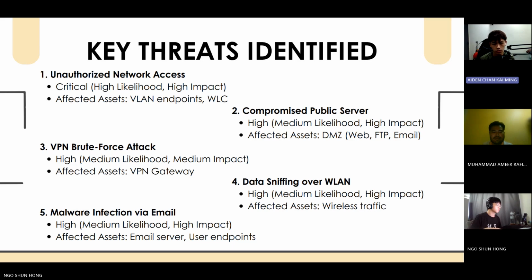This is a high risk also due to the sensitivity of university data. And the last one will be malware infection via email. Malicious software delivered through email could lead to system compromise, data theft, or even elevation of privileges on user endpoints and the email server itself, presenting a high risk as well. Okay, next slide.